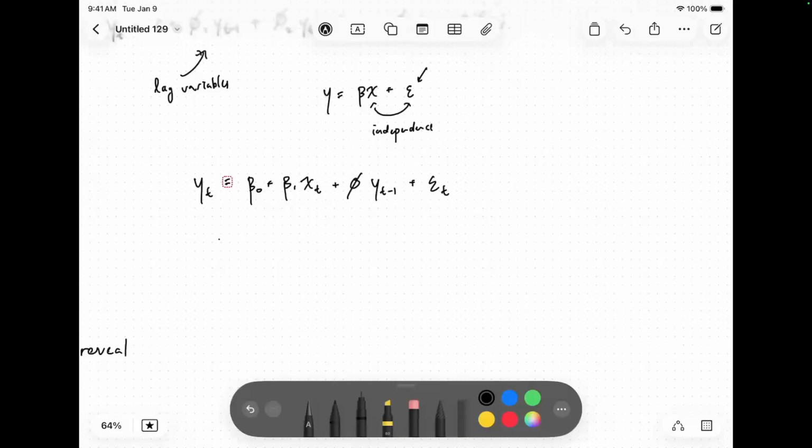So here, I can write this equivalently to x t equals beta 0 plus beta 1 x t plus... this times beta 0.